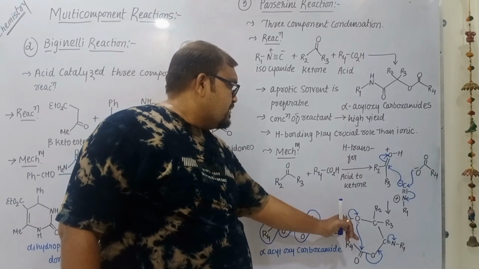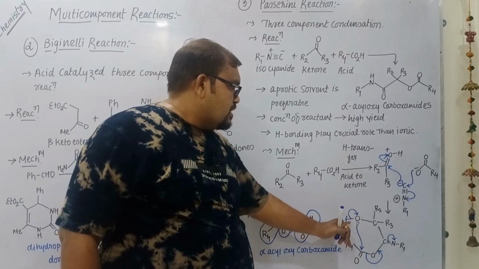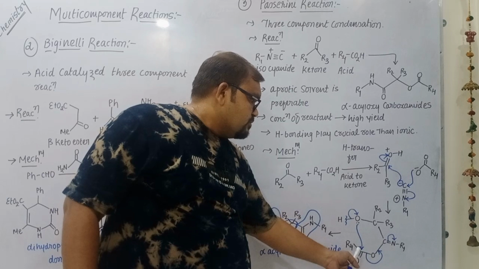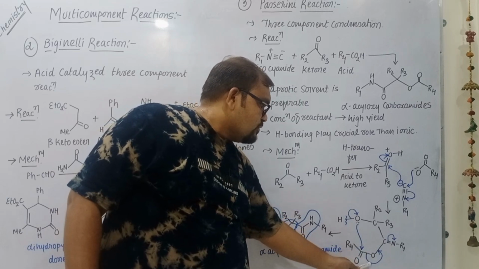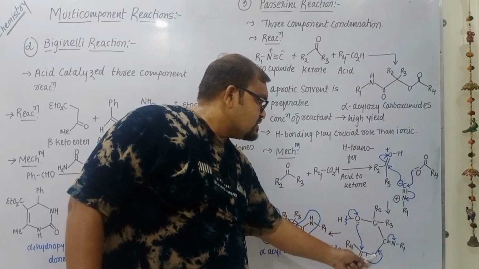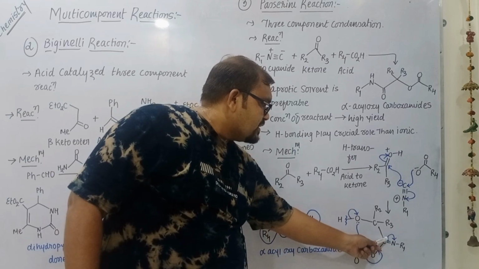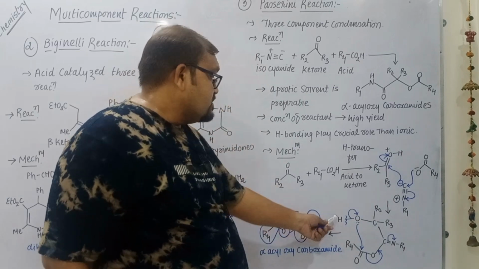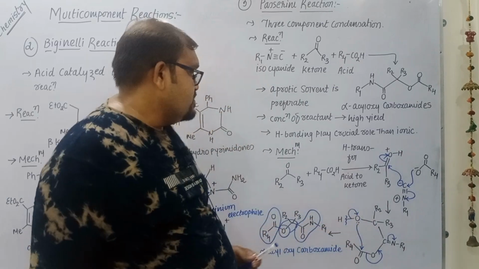This bonding pair will be shifted over oxygen. The lone pair of oxygen will attack the carbonyl carbon. This bonding electron will be shifted between this carbon and oxygen, and this pi bonding electron will be shifted over nitrogen, and this hydrogen may attach to this nitrogen.